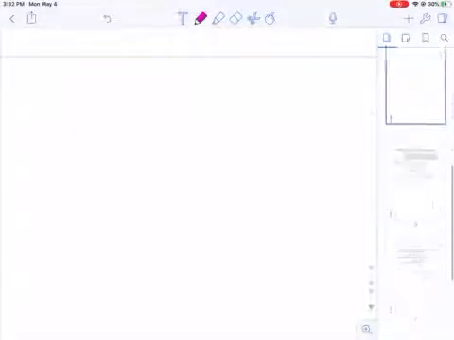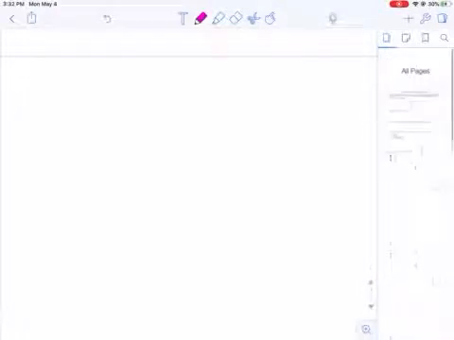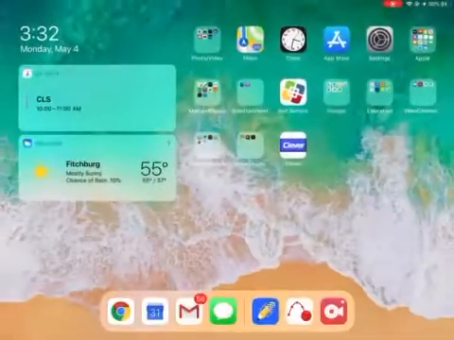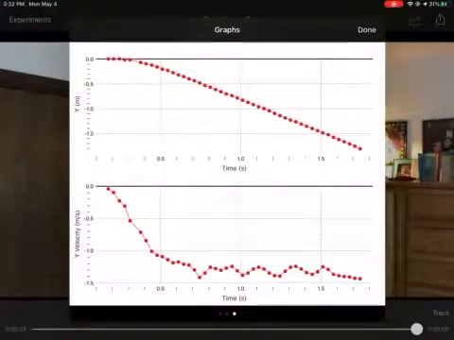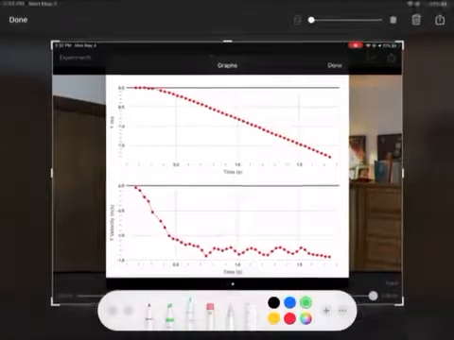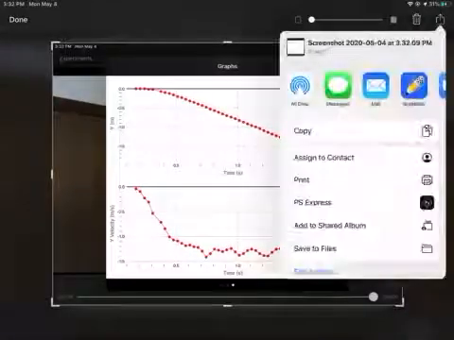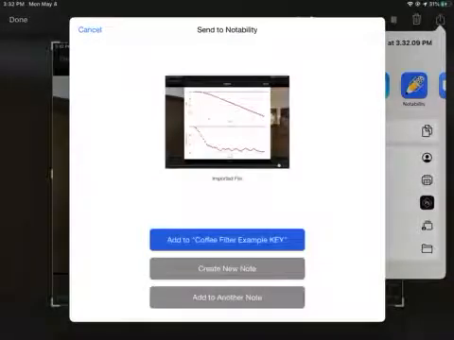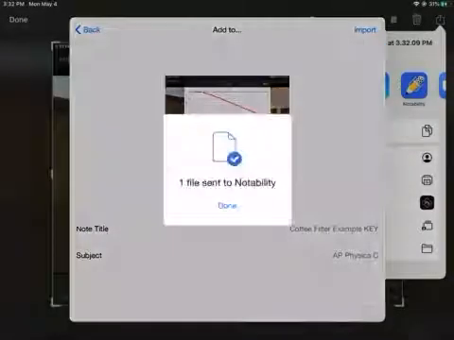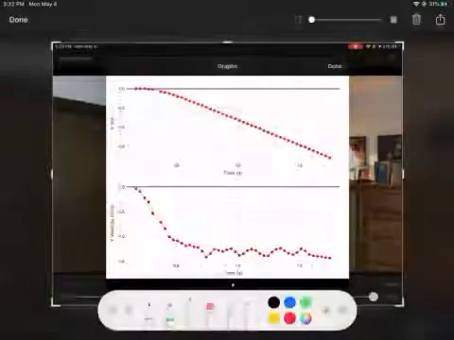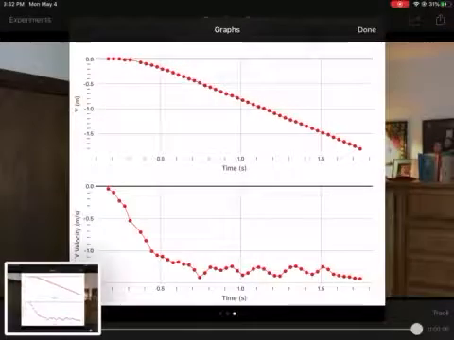In fact, let's go back to Notability. I've got a screenshot. Well, I did have a screenshot. My screenshot is gone. I'll take another one. Okay.